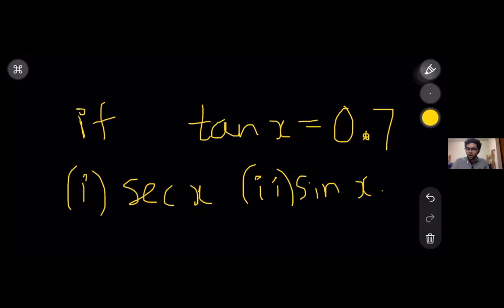I've only gotten 2 answers. Is anyone finding it hard to calculate for secant? If you had difficulty, let me know. We can do it together. If anyone's not able to understand how to get secant if we just know tan.